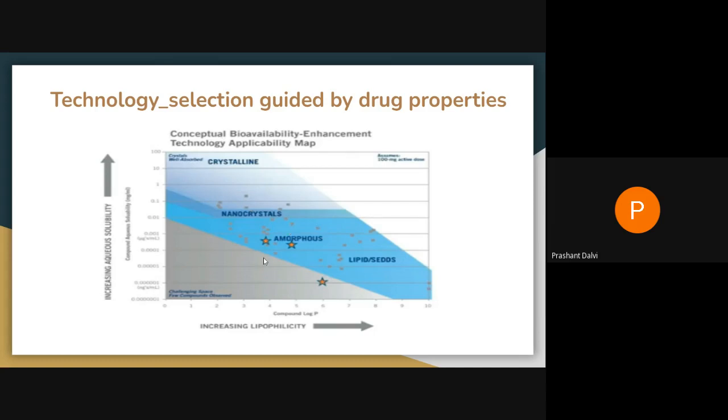You can see there are some hard compounds, yes or no, in these gray regions. Also there are lipid-based formulations, for compounds having a greater log P value, which can be formulated accordingly for targeted action, right? So it gives us a clear-cut idea about the selection of the appropriate formulation technique.